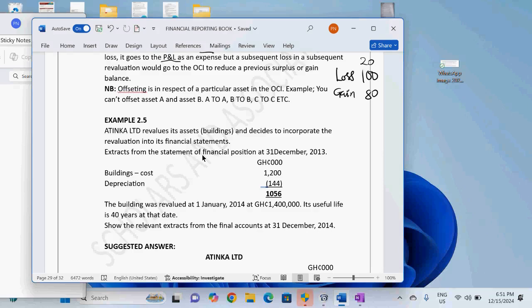So they said 𝒂𝒂𝒕 Limited revalues. That would tell you that it is revaluation. The building was revalued, so that should tell you that this is a revaluation question. So let me see. So the cost is, let me use this. The solution is there already.